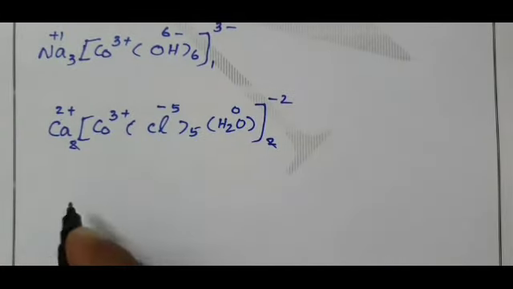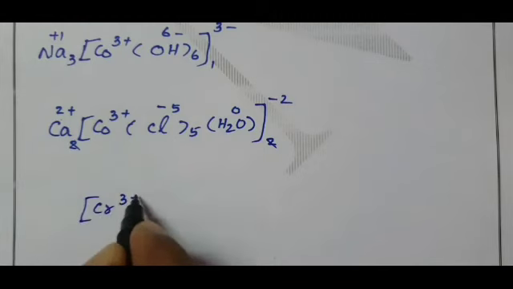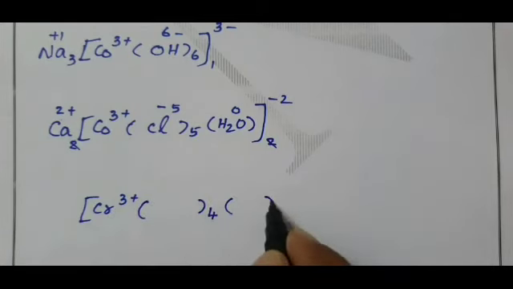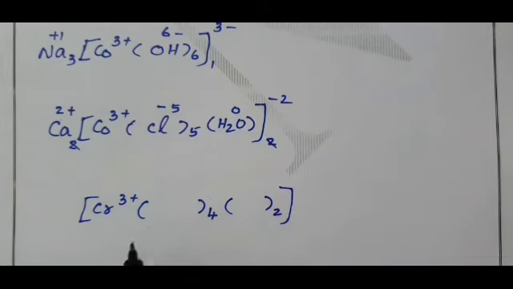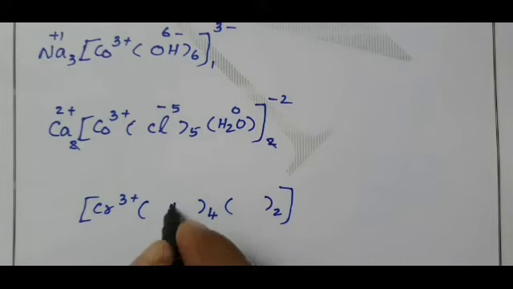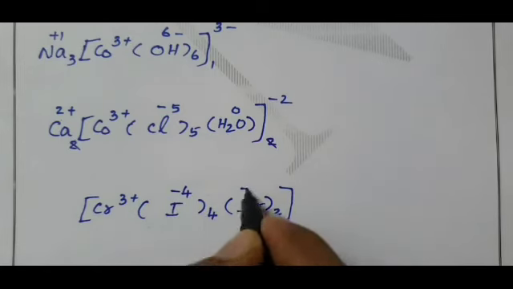And chromium, the central metal ion, Cr3 plus. Coordination number 6, now the coordination number is divided into 4 plus 2, all these are monodentate ligands. Any monodentate you can use, I or here Br. 1 iodine 1 minus, 4 iodine 4 minus, 1 bromine 1 minus, 2 bromine 2 minus.